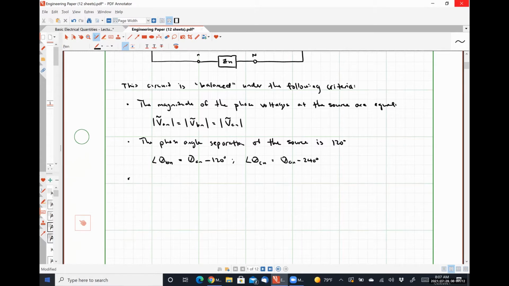Our load impedances must be equal, meaning ZYA must be the same as ZYB, must be the same as ZYC. And lastly, our transmission line impedances must be equal.